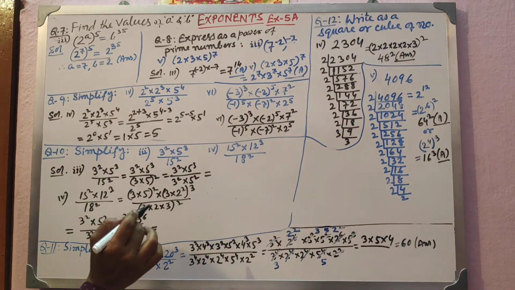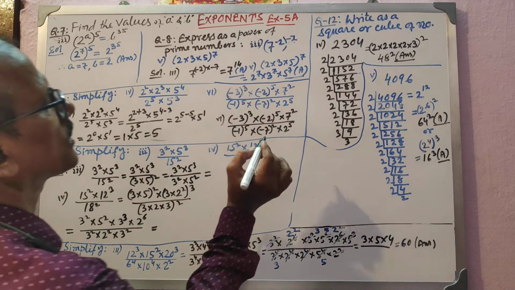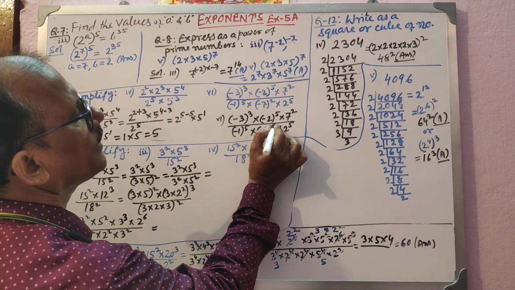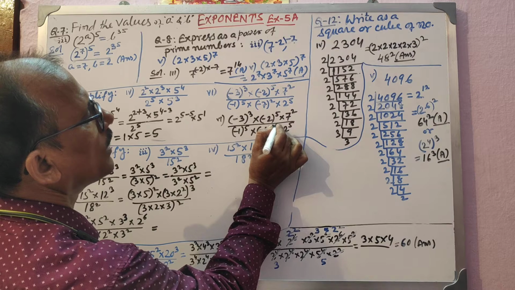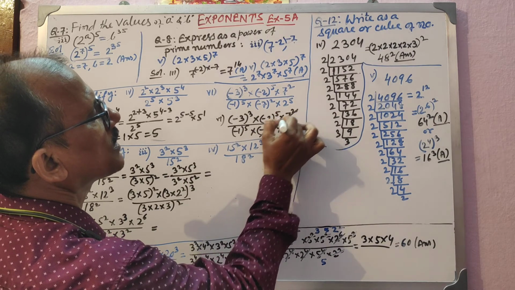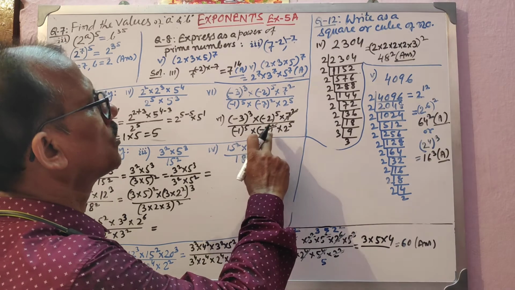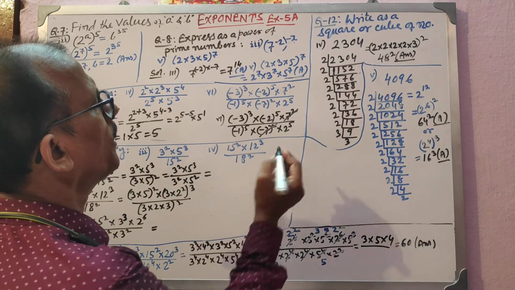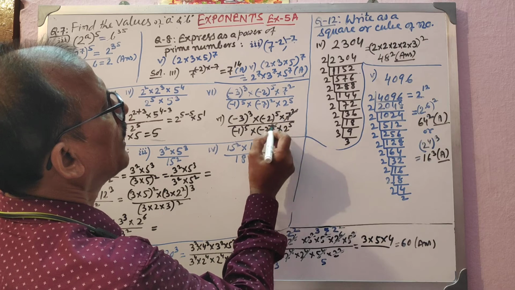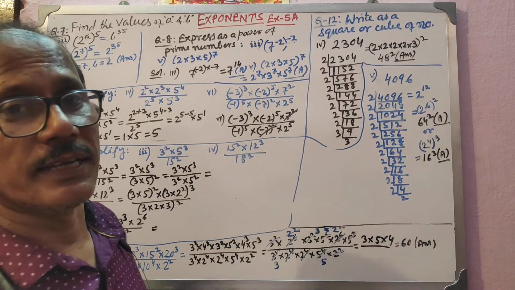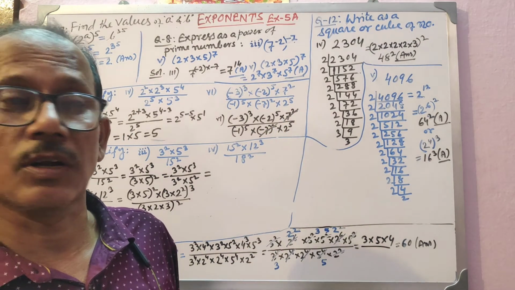Now see what you need to do. I will do the simplification. See, minus 2 square and plus 2 square value is same. 7 square and 7 square will be cancelling, because here also it will be 49, here also it will be 49. Okay. Now similarly, this 2 to the power 5 and minus 2 to the power 5 cannot cancel.